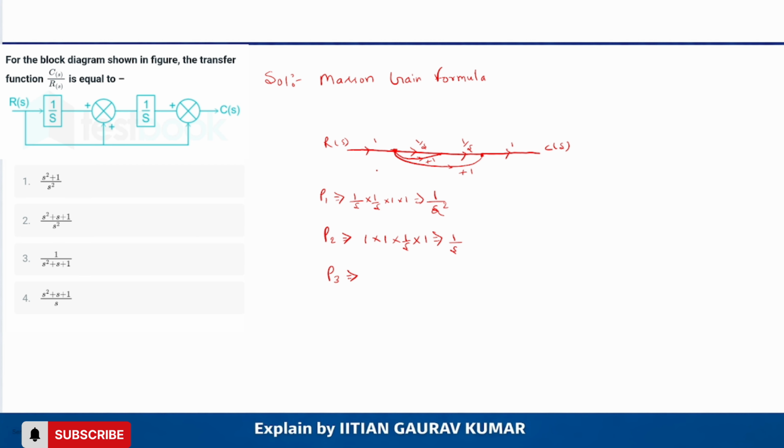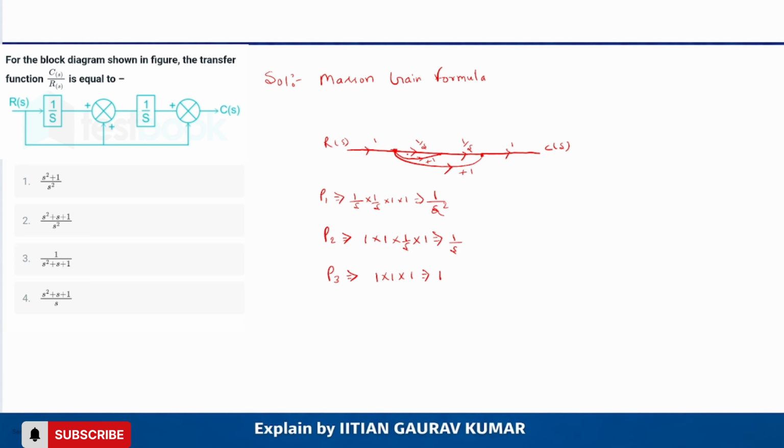And P3 is this path from input to output: 1 into 1 into 1. So the result is 1. Three paths are there.